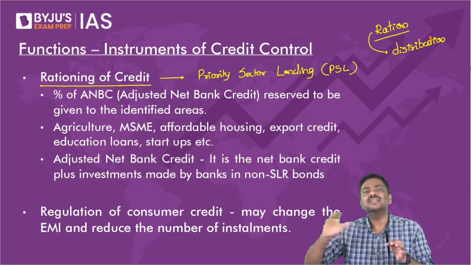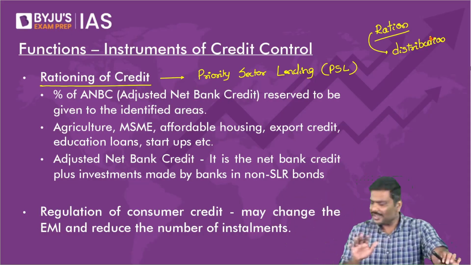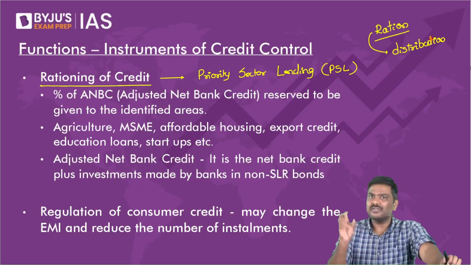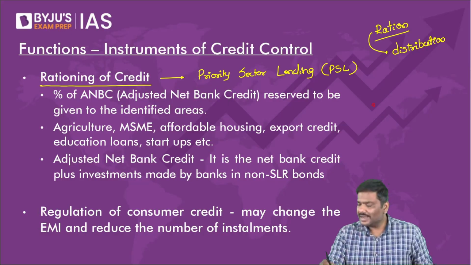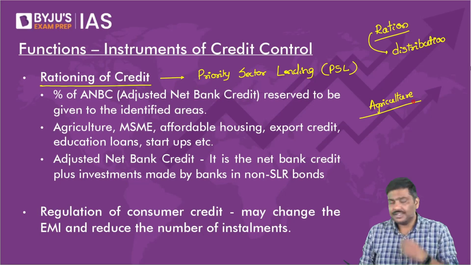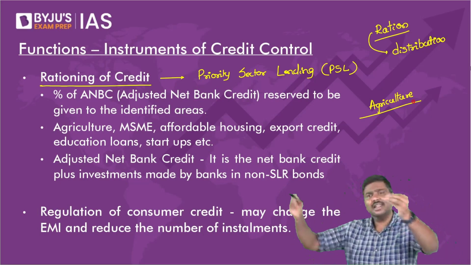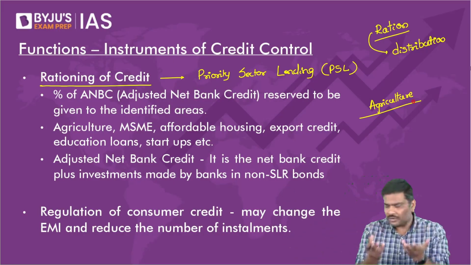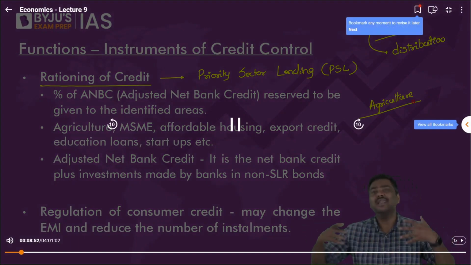Now, generally there are certain sectors which are very risky to provide loans to. I'll give a very simple example: the agriculture sector. How many of you believe it is very safe to provide loans in the agriculture sector, let's say to farmers? All of you should say, sir, no, it is not very safe.